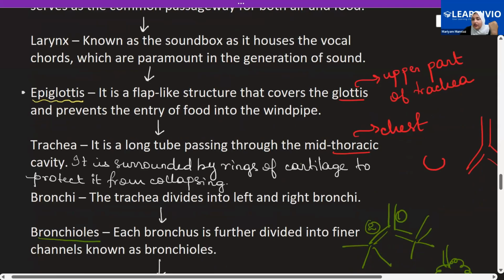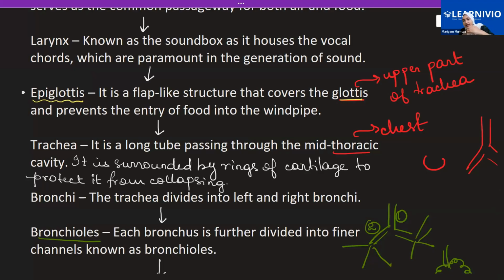The upper part of the trachea is called the glottis, and the flap that covers the glottis is called the epiglottis. When we are swallowing food, we do not want it to go into the windpipe. That is why the epiglottis covers the opening of the trachea, so that the food goes directly into the esophagus, which is the food pipe.